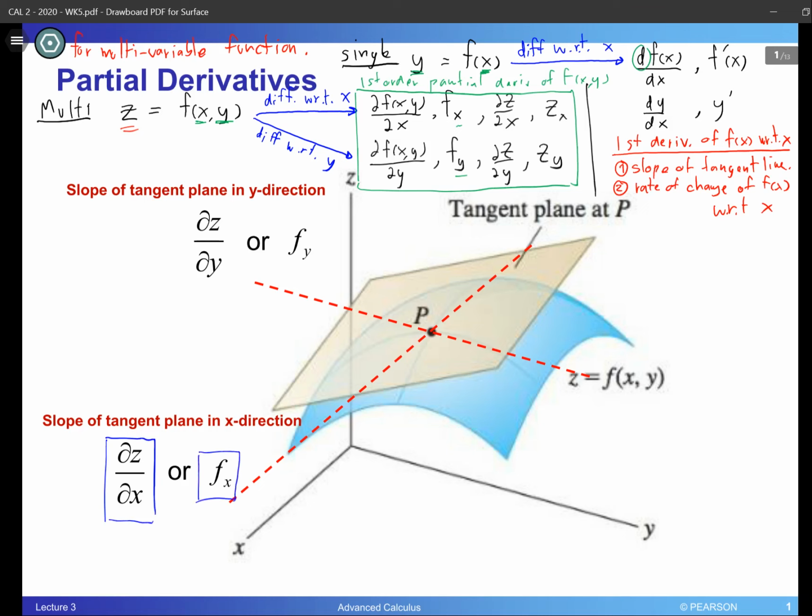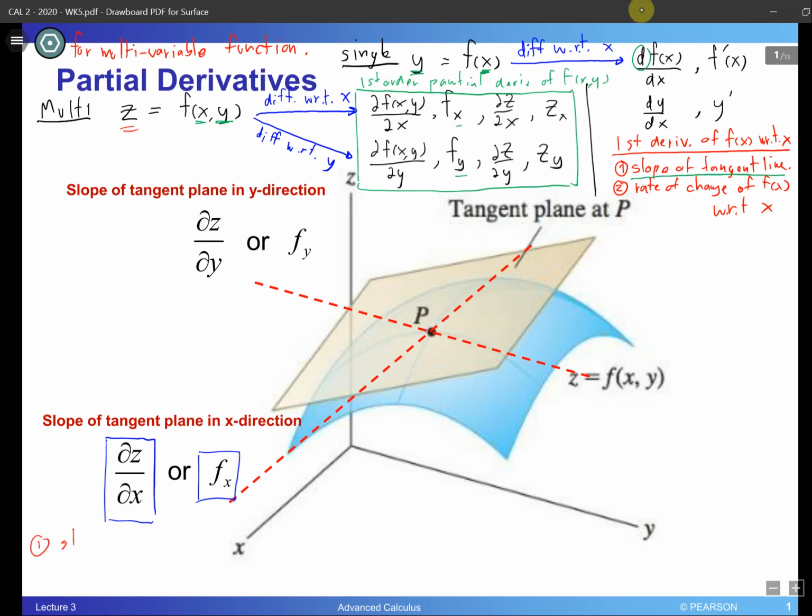It's going to be quite the same as what we had before. It's going to be similar to the slope of the tangent line in the single variable function, but here we have two dimensions, so it's going to be a little bit different. So let's add a note right here. It's going to be quite similar.